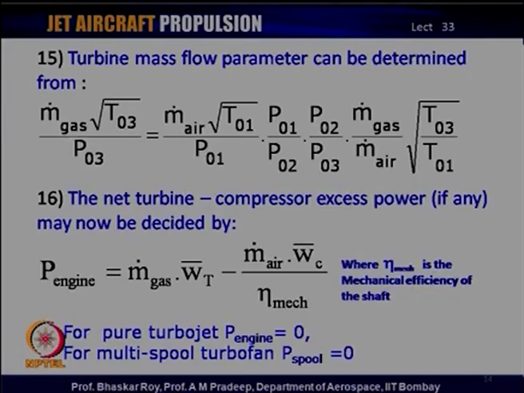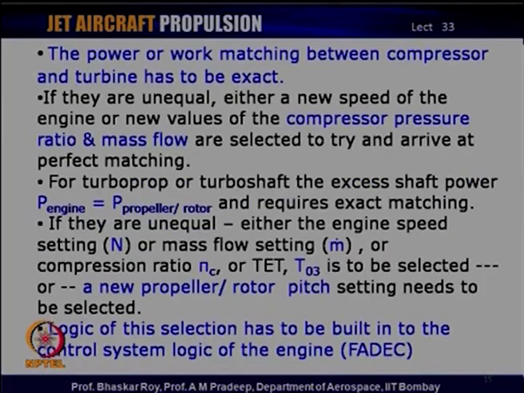So, in a typical turbojet or turbofan, there is no scope for any excess power from the net turbine compressor matching. The work matching between the compressor and turbine, as we see from these calculation steps, needs to be exact at every instant of operation of the engine.